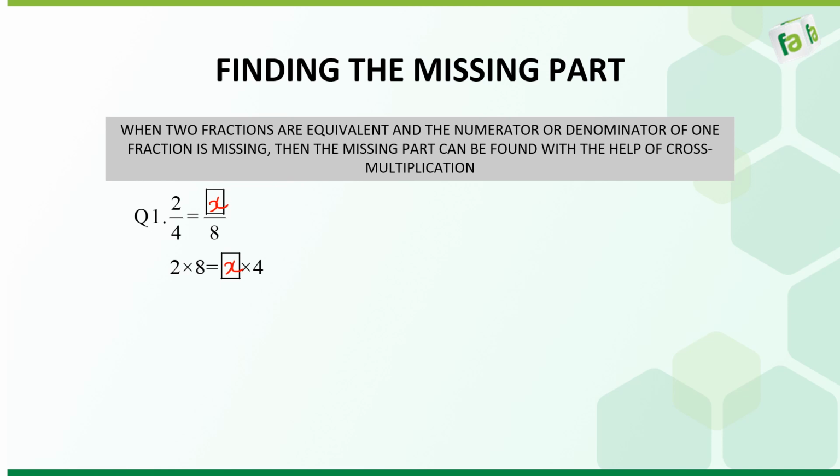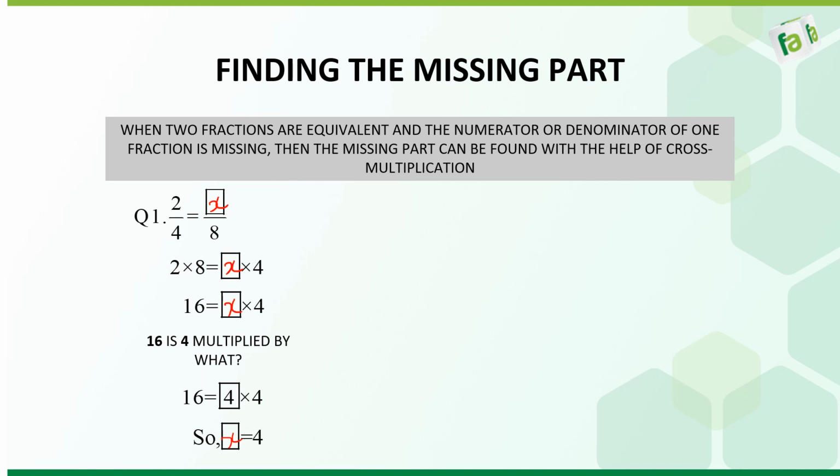By further solving it, 16 is equal to x into 4. Now, 16 is 4 multiplied by what? It is equal to 4 into 4. So, x is equal to 4.